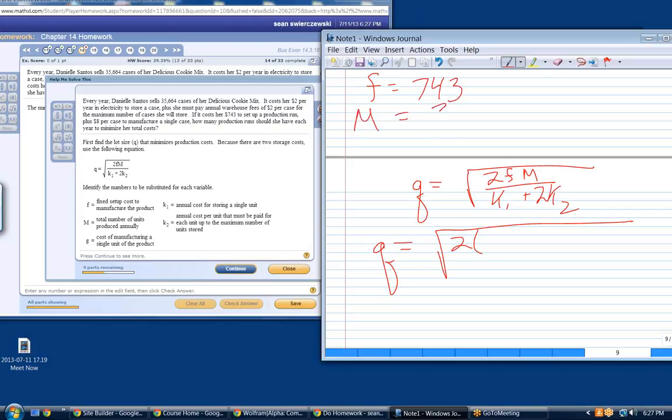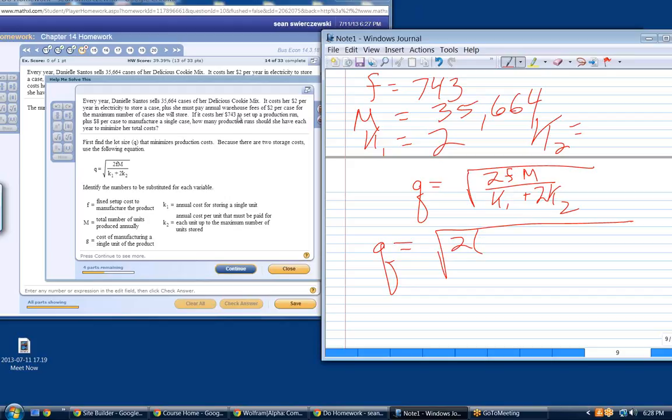M is 35,664. K sub 1 is the annual cost for storing. She must pay annual warehouse fees of $2 per case for the maximum number of cases. So K1 is 2, and K2 is 743.